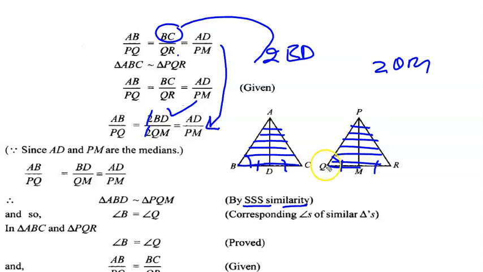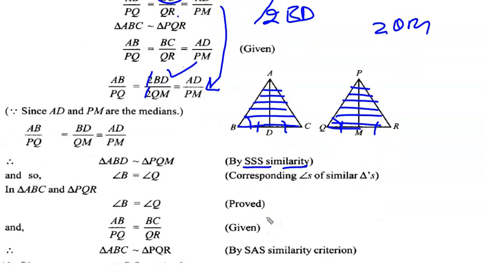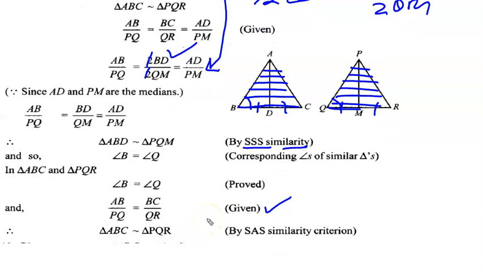So naturally angle B is equal to angle Q. And also what is given to us? AB by PQ is equal to BC by QR. It is given to us. So it also meets our SAS similarity criterion. So triangle ABC is similar to triangle PQR here.